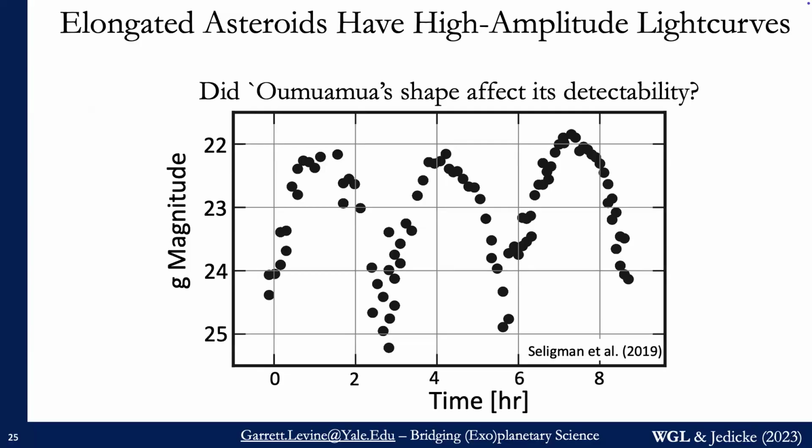But the discovery surveys that detect these objects are not sampling this light curve densely, they're sampling it sparsely. And so we can ask ourselves, did Oumuamua's shape affect its detectability? So I came into this study actually thinking that elongated objects might be easier to find, and this could be an explanation for why we found such an oddball like Oumuamua. I'll actually tell you why that is not the case.